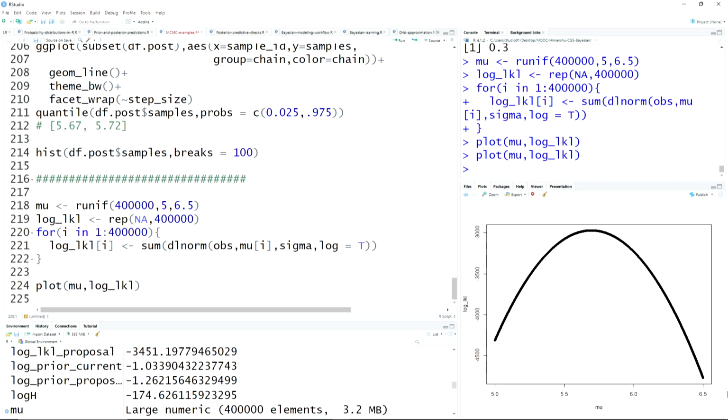This is how the log likelihood looks like. I think we should have taken more values because it seems cut off at 5. Okay, so maybe I was too conservative here. So let me take it from 4 to 7, or maybe 3 to 7.